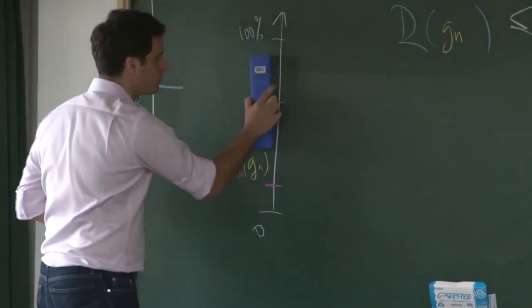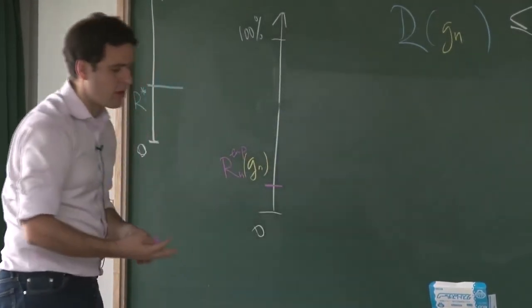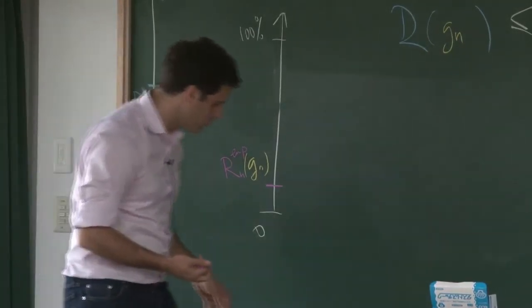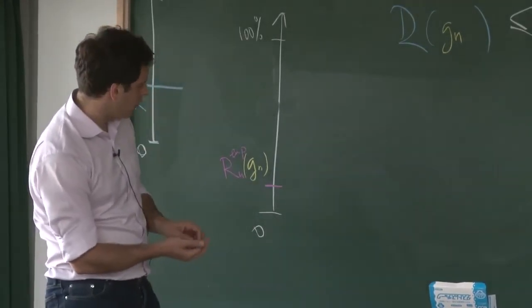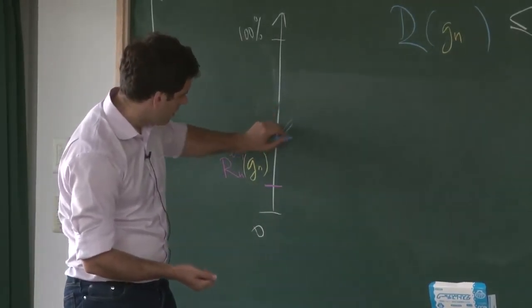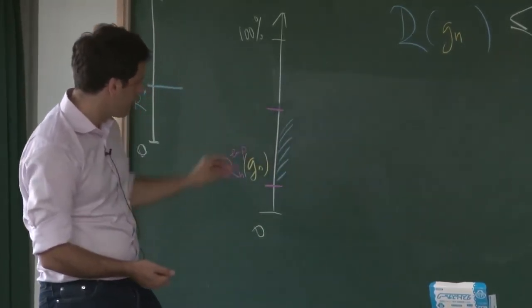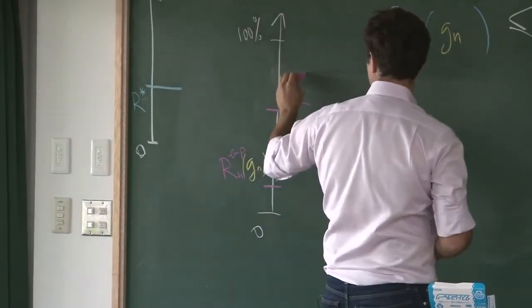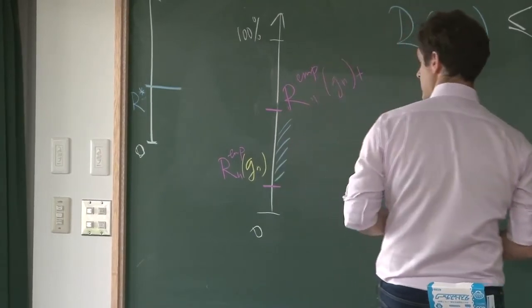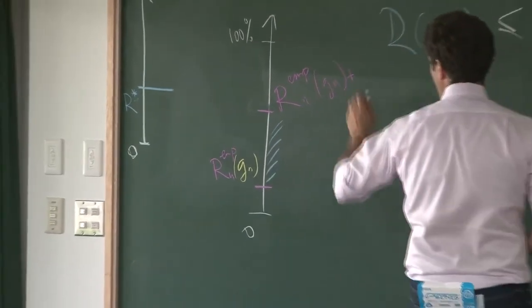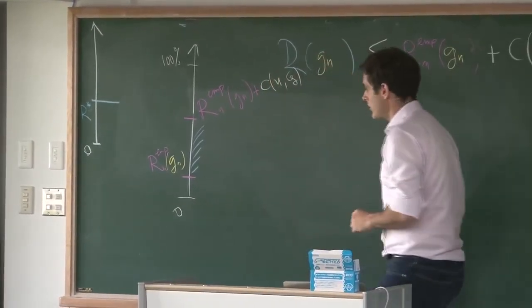So what you can try to do is this, and this is really useful. You can come up with a theory which tells you that the true risk lies somewhere between here and the empirical risk plus a quantity which depends on n and on g.